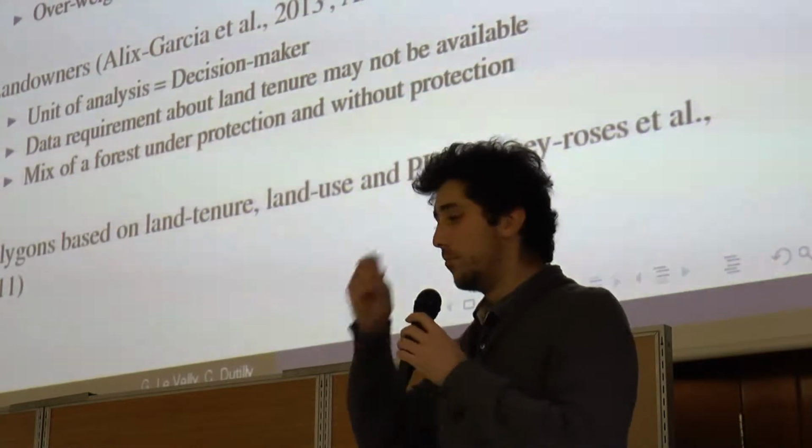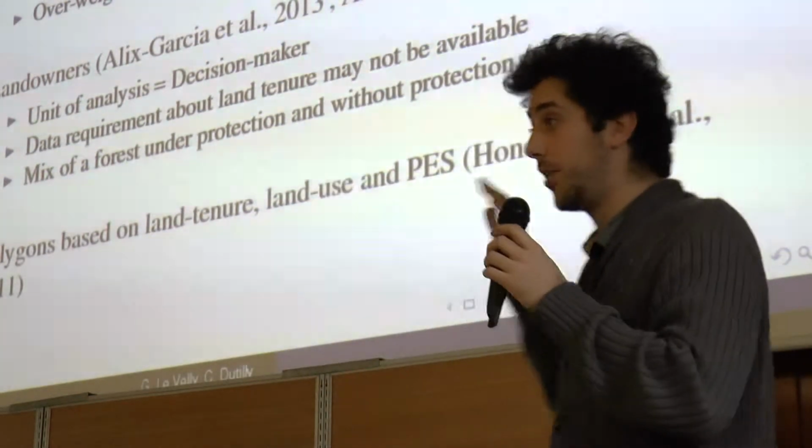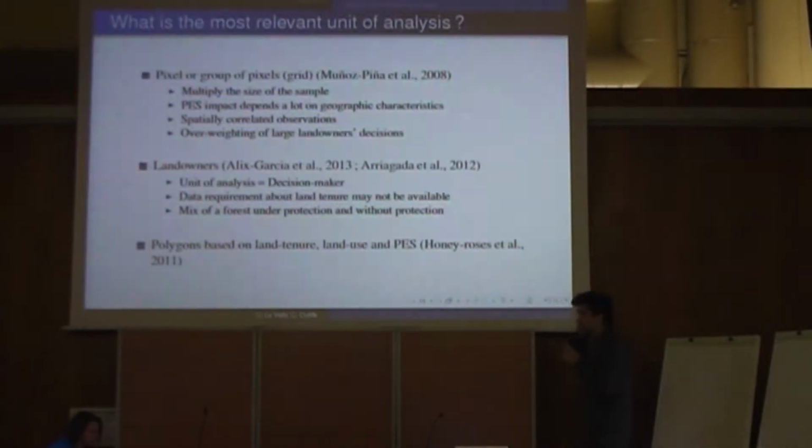And for natural protected areas, the question of the decision maker is a bit different because you have to identify who the decision maker actually is, and it's more difficult. And also what has already been emphasized in your work is that you've got a mix of forest that is under protection and forest that is not.